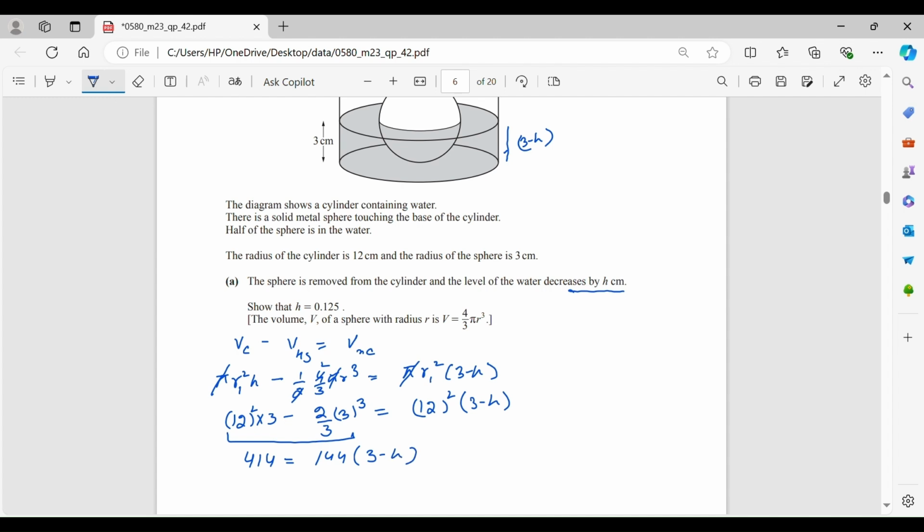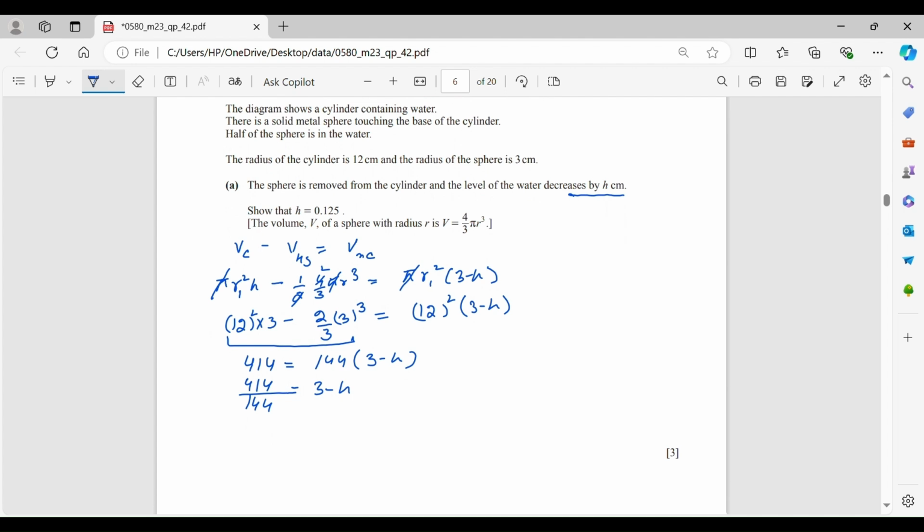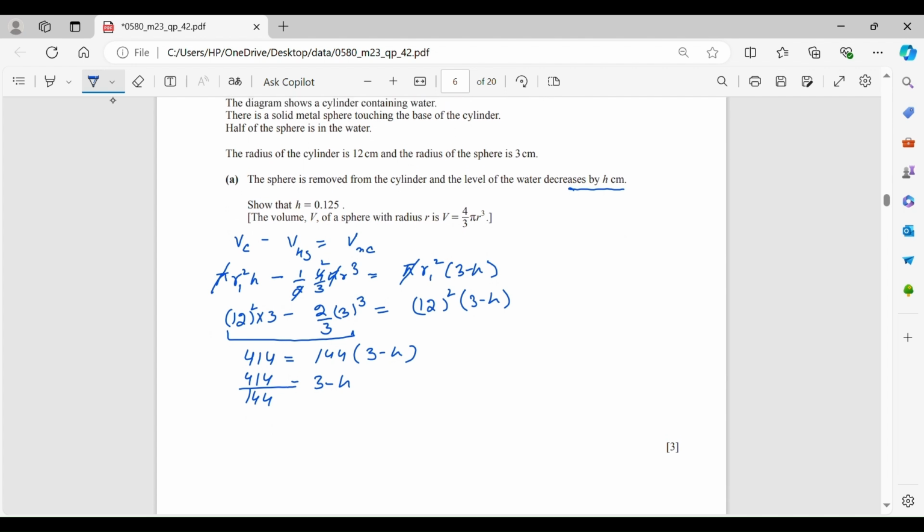So 414 divided by 144 is equal to 3 minus h, right? I will solve this here. Now this is 2.875, equal to 3 minus h.